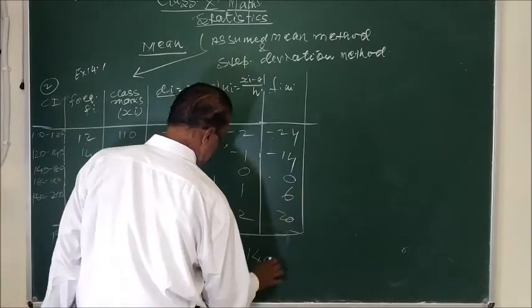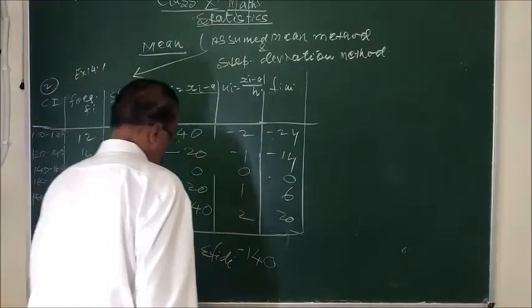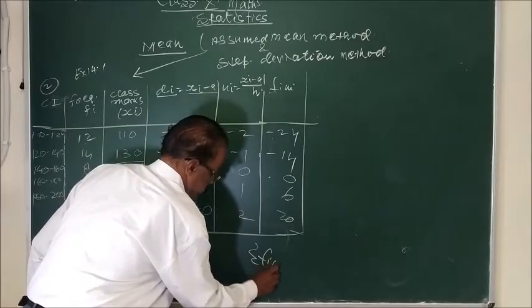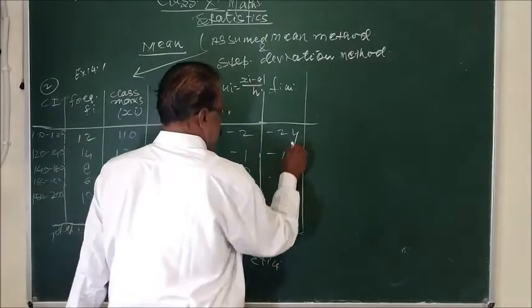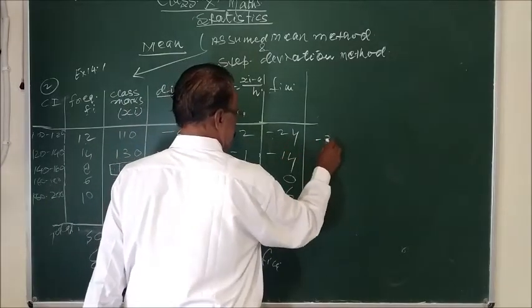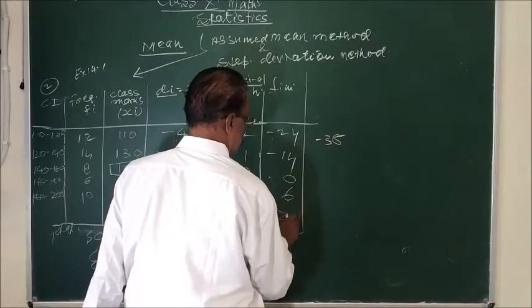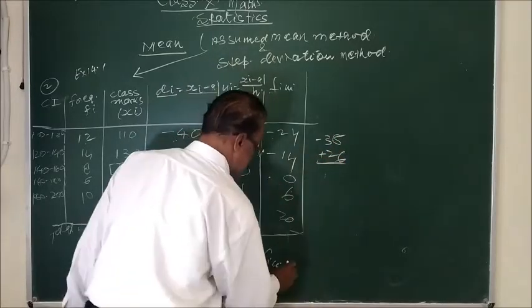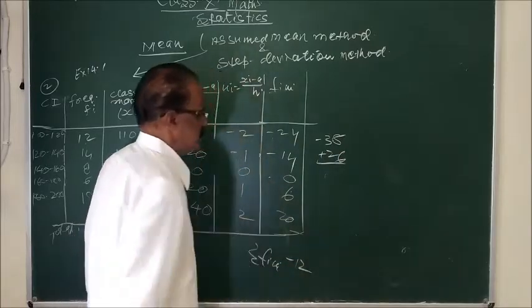Now you find the sum of fi ui here, like this. So minus 24 minus 14 is minus 38, and positive numbers 20 plus 6. So minus plus, this will be minus 12.